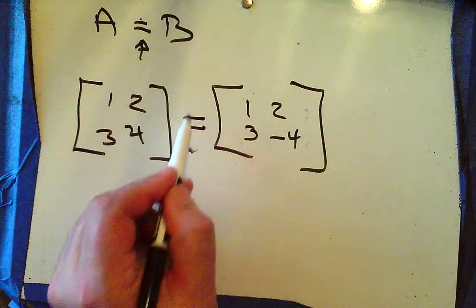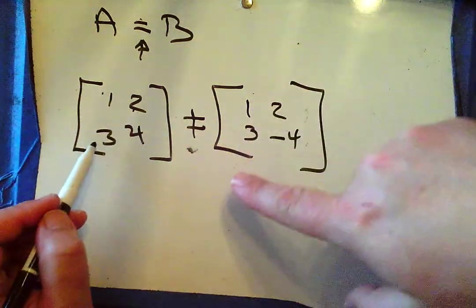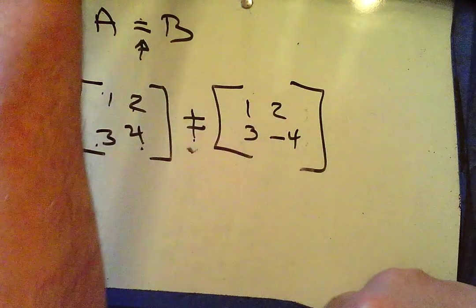They are not equal to each other. Even though these are the same and these are the same and these are the same, these are not the same, and therefore these matrices are not equal. Everything in corresponding cells has to be the same in order for matrices to be equal.